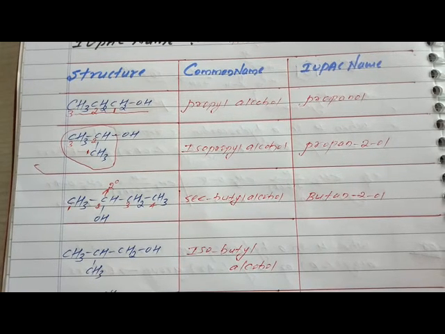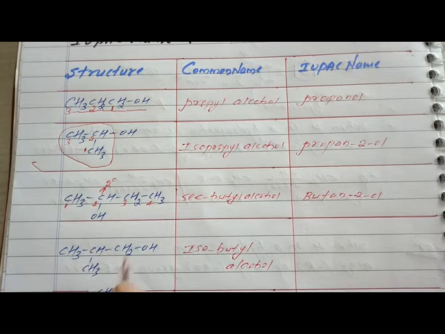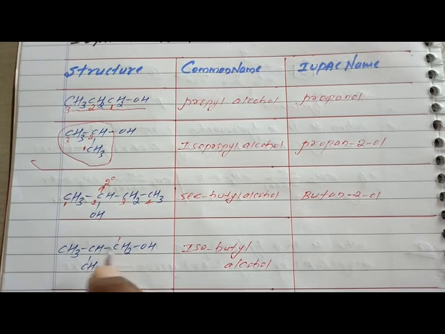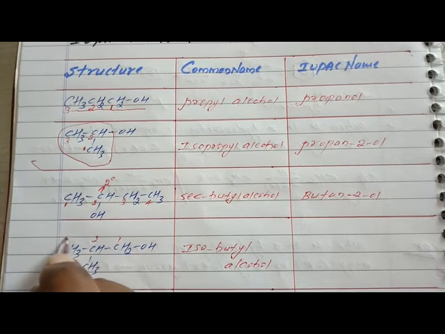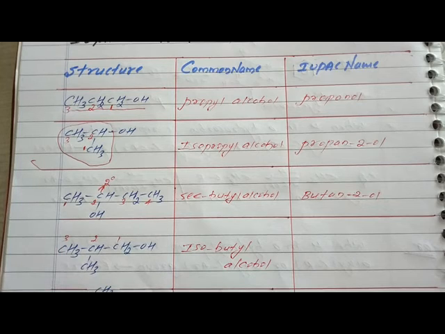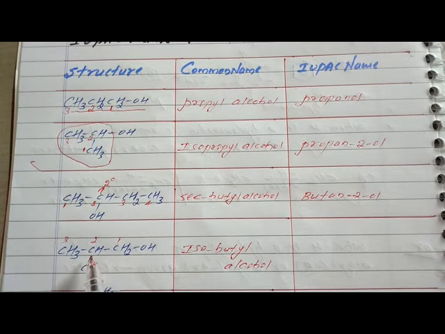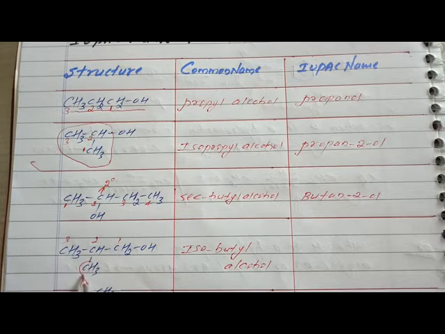Okay, and what is the IUPAC name? We just need to number. So numbering should start from this carbon because this is nearest to the OH. So 1, 2, 3. As the second carbon is attached to this CH3 group, we call it a methyl.